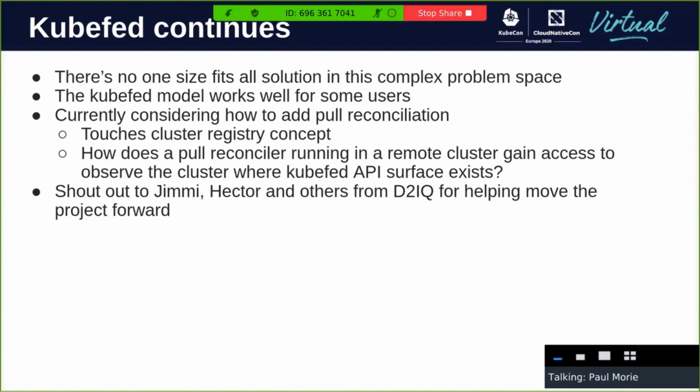This is interesting because it comes back to that cluster registry concept. How does a pull reconciler running in a remote cluster gain access to observe the cluster where the Kubefed API surface exists? So that cluster registry problem is kind of popping up again and waving at us.